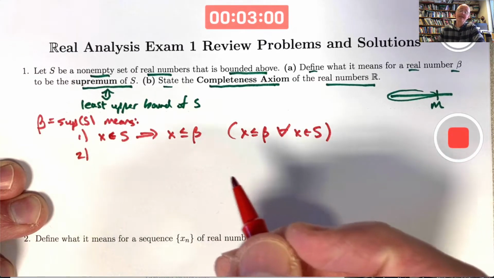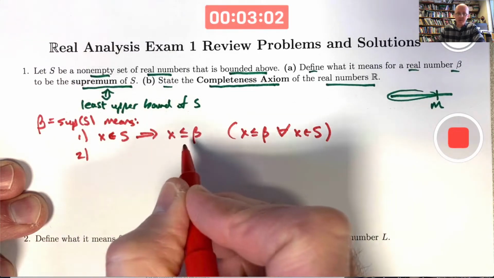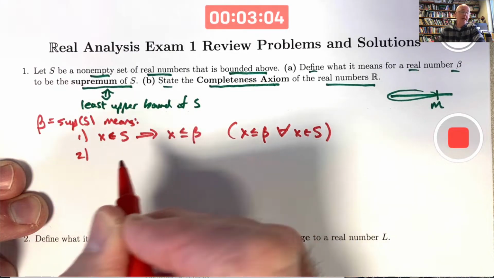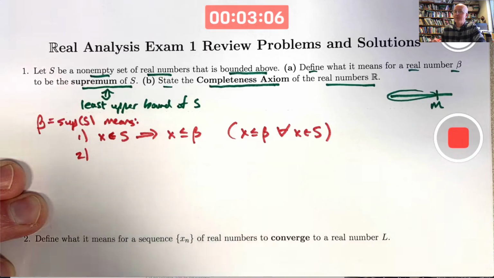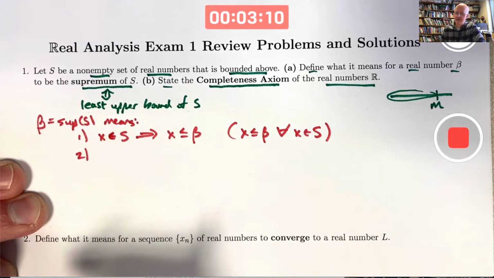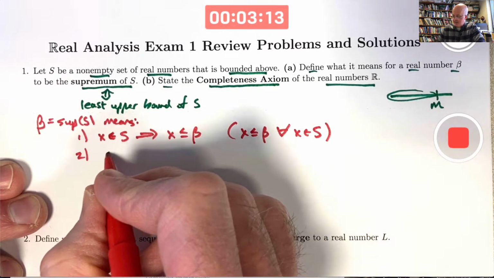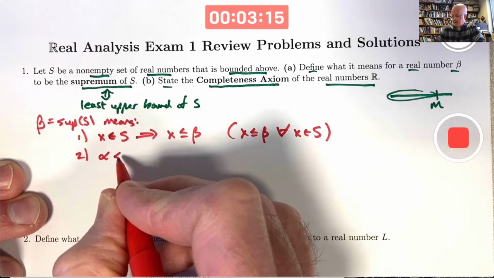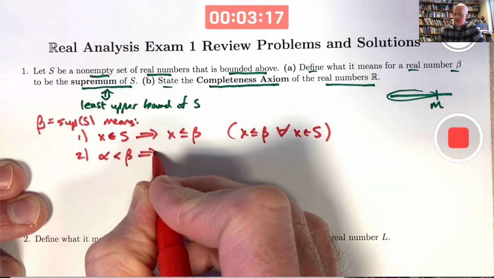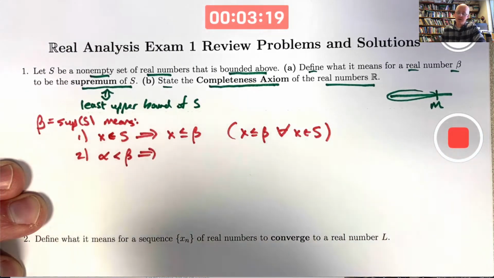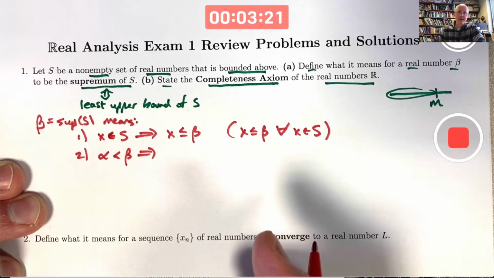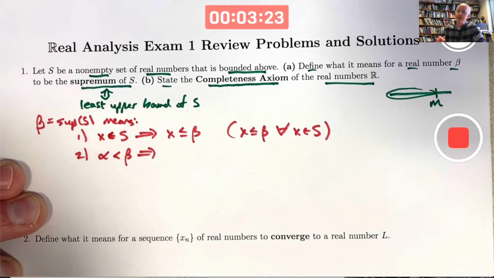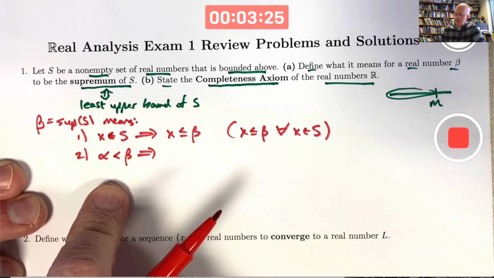Second property is that it's the least upper bound. Not only is it an upper bound of S, but the least upper bound, meaning any other number less than beta is not an upper bound of S. So if alpha is some number less than beta, that implies, in words, alpha is not an upper bound of S. But what does that mean? That means there's some element of S bigger than alpha.